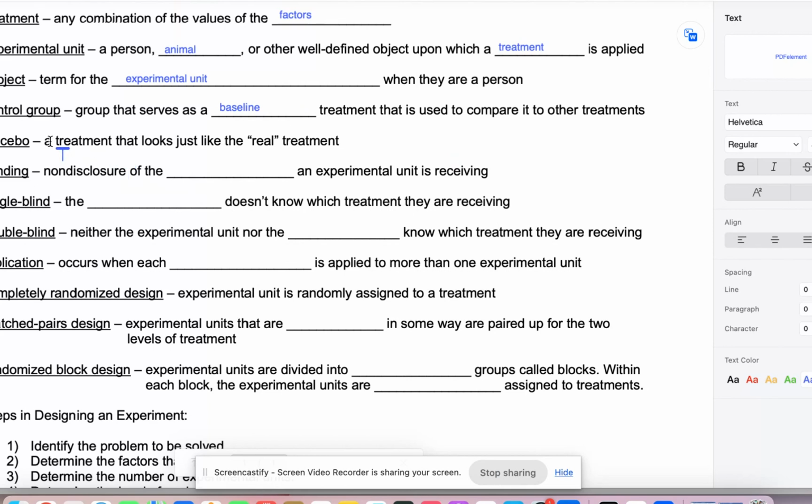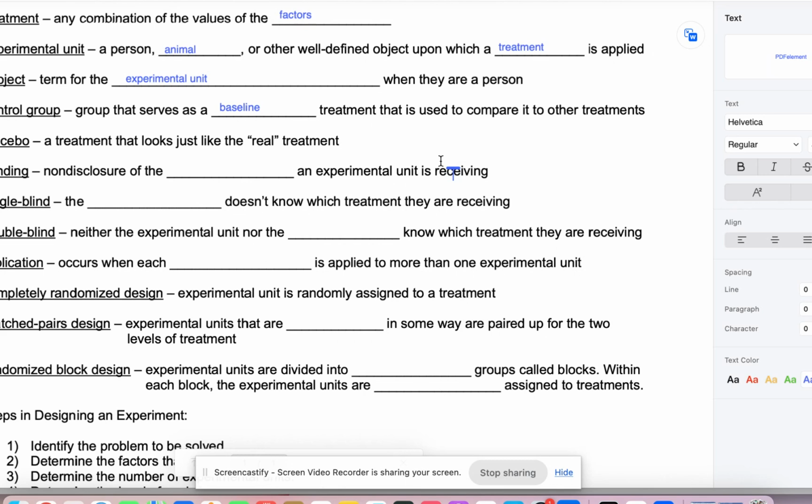Placebo is often used, especially in medical studies, for the control group. It's a treatment that looks just like the real treatment. So the reason why they do this is there have actually been studies that show that there's something called the placebo effect.